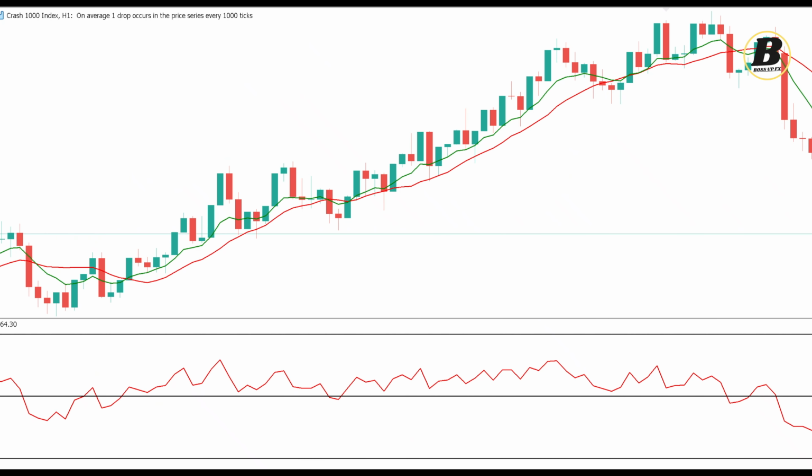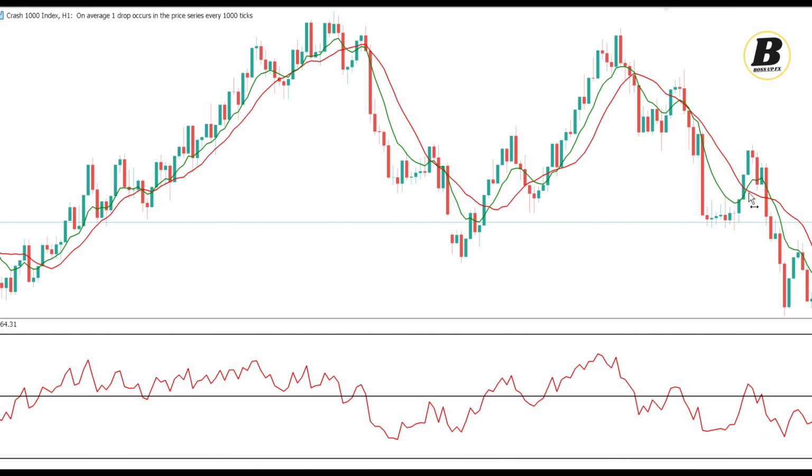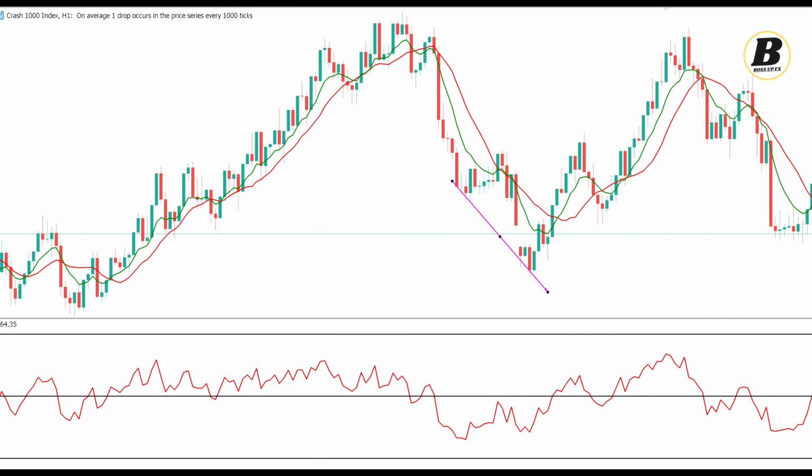Here, there is another example as well. This is a divergence. Here, you have a low, you have a lower low. Here, you have a low and you have a higher, right? So, where is our crossover? We have our crossover within this region, right?